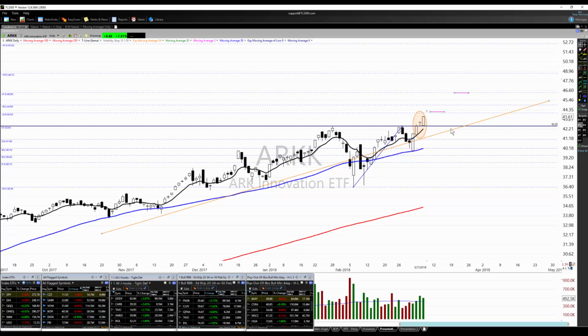Where can I put my stop? Well, it's going to be right down here below this level that we've tested the last 2 days and proven support.